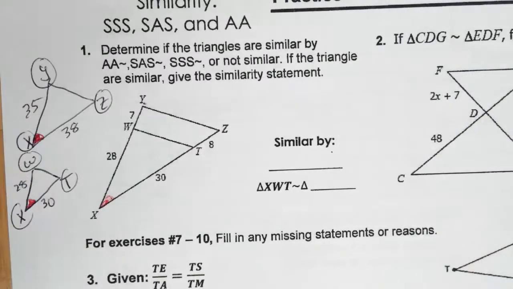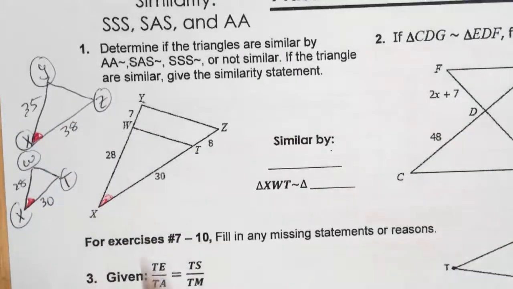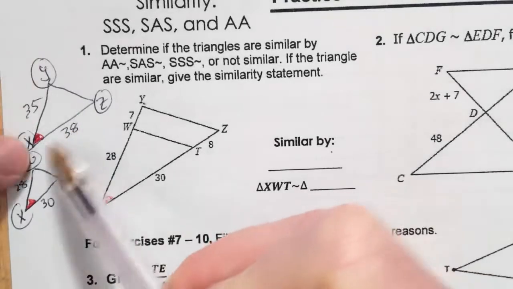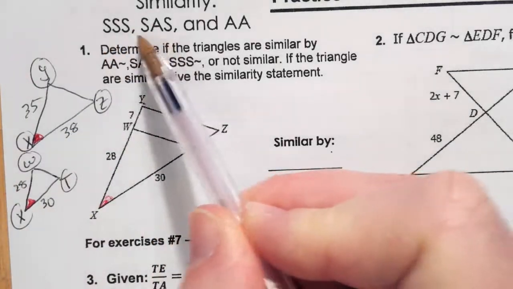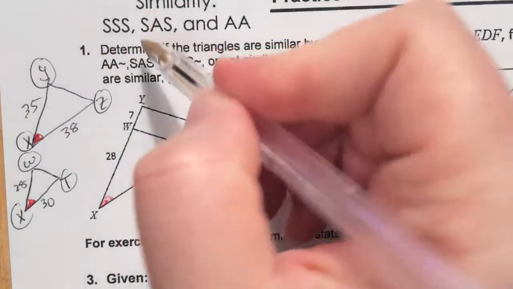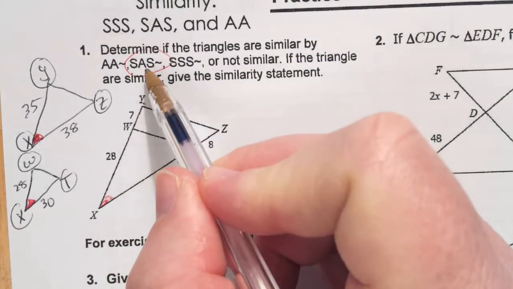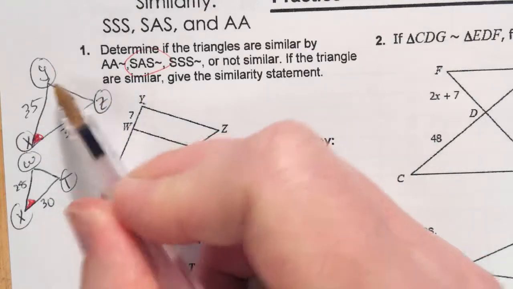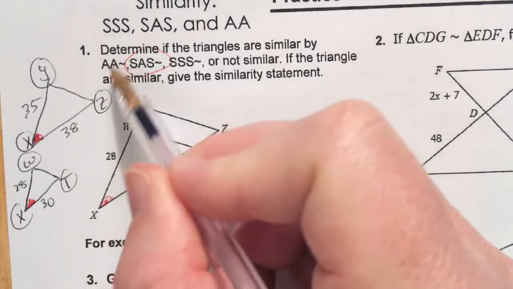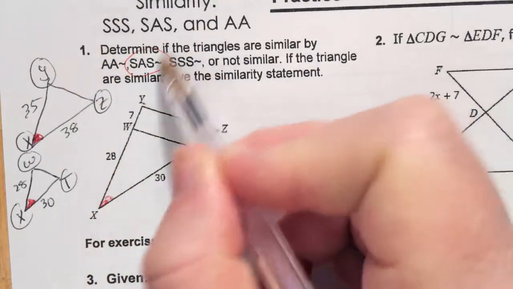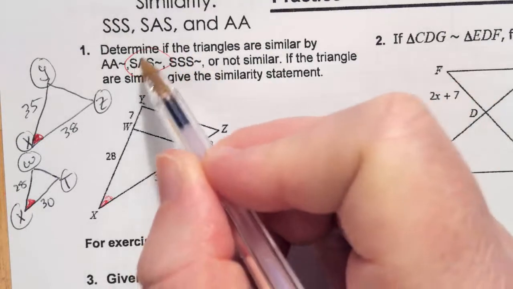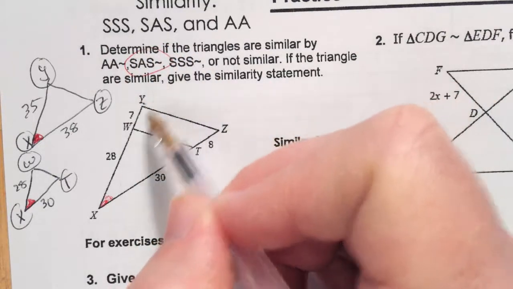Now ask yourself, how many sides did you have? You had 2 sides. So if you had 2 sides, then we're going to be trying to use SAS similarity. That's what we're going to aim for, because there are only 2 sides. It's definitely not AA similarity. If there are not 3 sides, it's not SSS similarity. So it's SAS similarity.